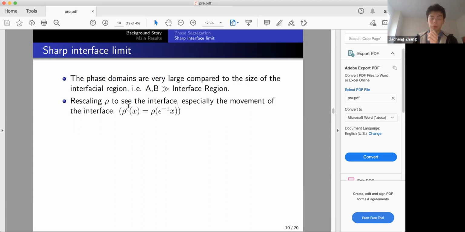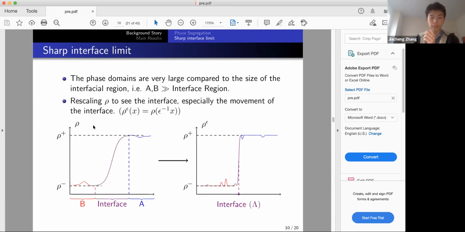As we see in the picture, in the more general case where we zoom out, we have a continuous variation of rho, and we do this rescaling to force the interface to be narrow. As epsilon goes to 0, it will look like a jump from rho minus to rho plus in the interface region.